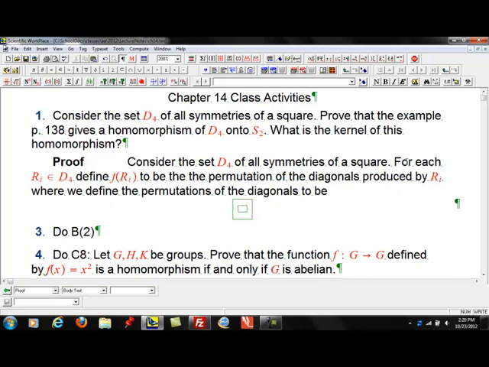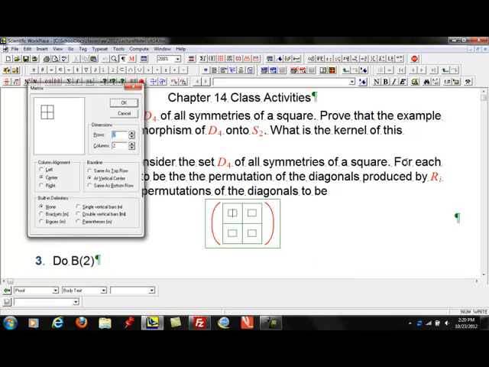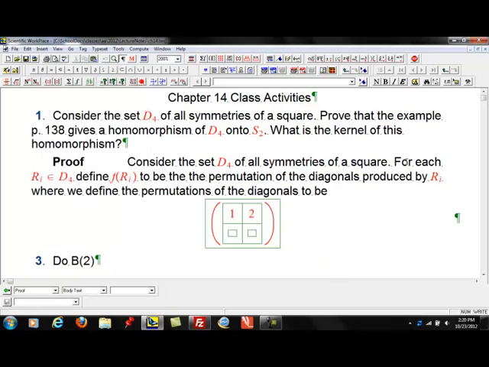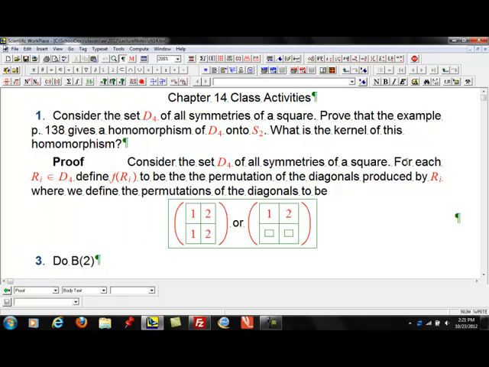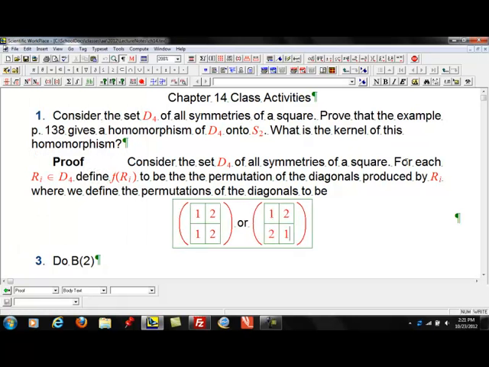So diagonal 1, diagonal 2. Diagonal 1 could go to 1 and diagonal 2 could go to diagonal 2. Or the other option is 1 goes to 2 and 2 goes to 1. Those are the permutations on the diagonals. That makes sense? So either f of Ri is going to be the first one, or f of Ri is going to be the second one of those permutations.